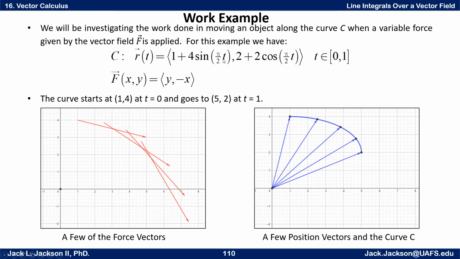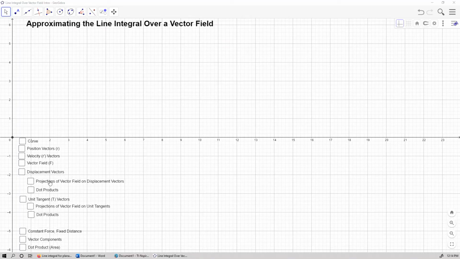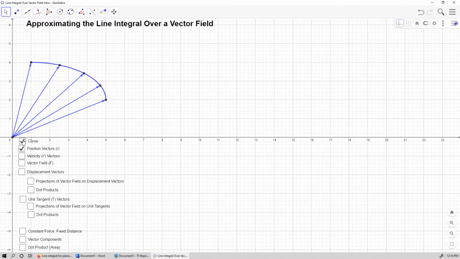So these are parametric equations for x and y. That's what we use to define these things. So we have position functions, which define these vectors, which in turn define this curve.